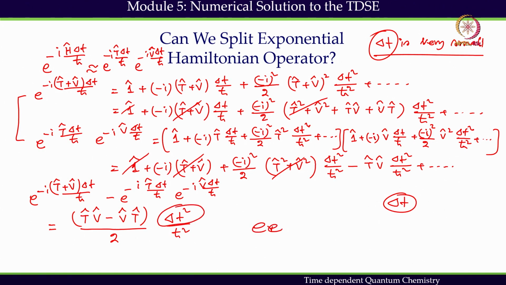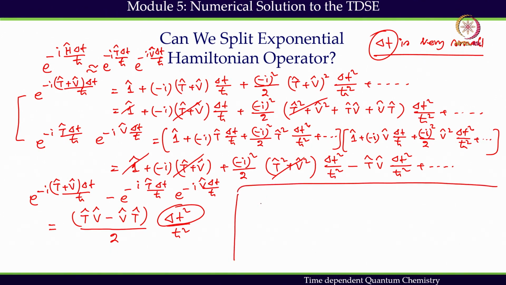So, this approximation, that e to the power minus i (T plus V) delta t by h cut is going to be e to the power minus i T delta t by h cut into e to the power minus i V delta t by h cut, gives an error which is proportional to delta t square.